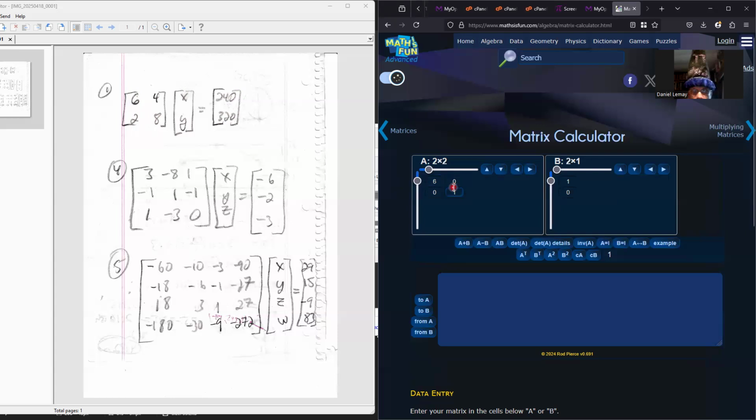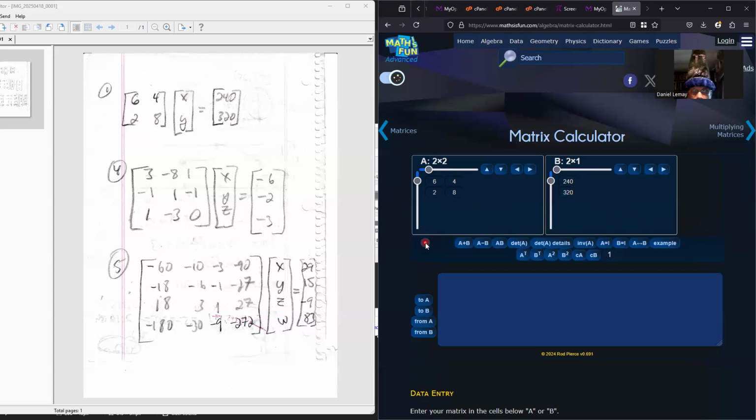I can't tell you how many times I messed up because I had a negative. Then 2 and then 8. I think this takes the longest, not as long as finding determinants. And then this one is 240, and then 320. And there, so I've got the matrix in.